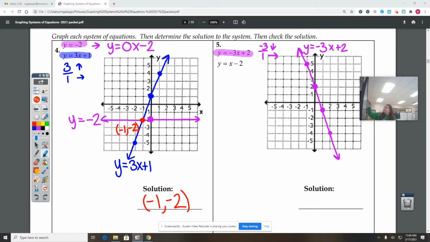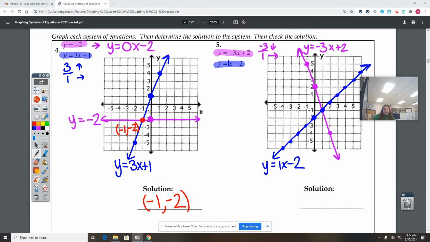For my second line, I have y equals 1x minus 2. So I'm going to start at -2 on the y-axis. Remember, our slope is 1, so I'm going up 1 to the right 1, up 1 to the right 1. And still, we're trying to fill up our graphs as much as possible.